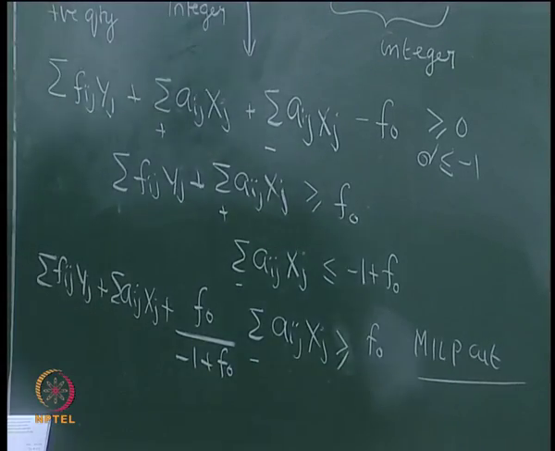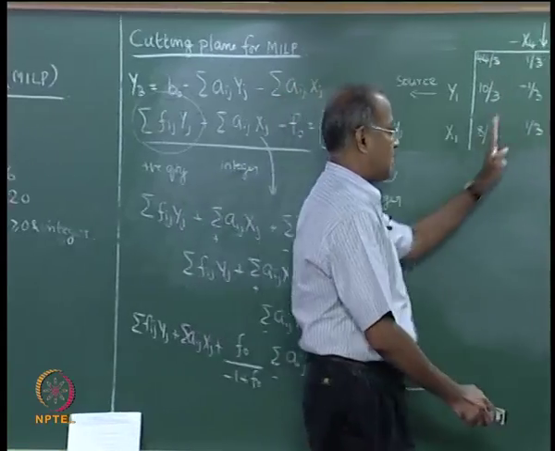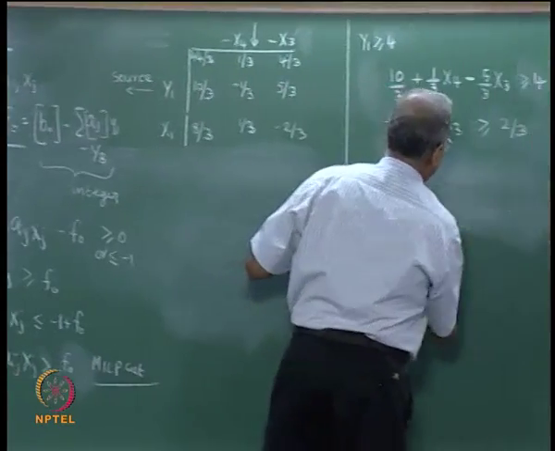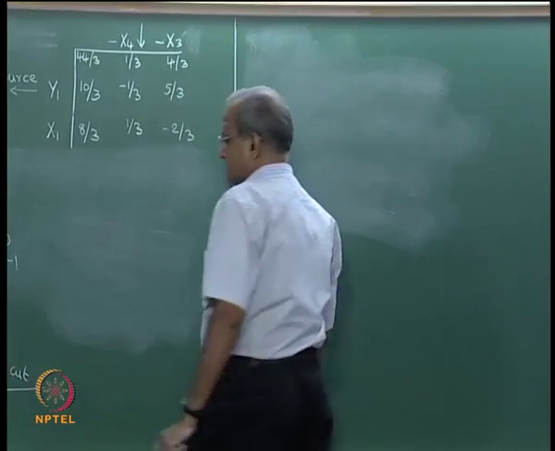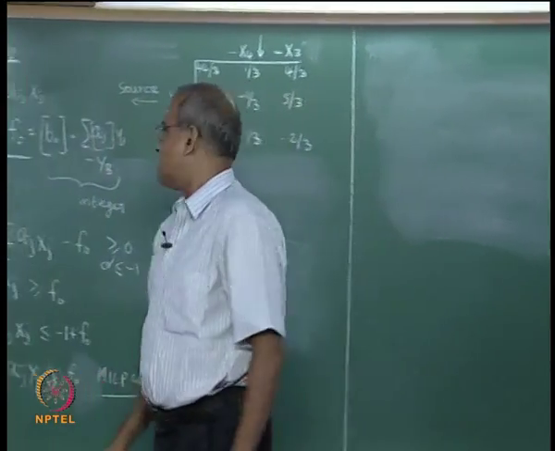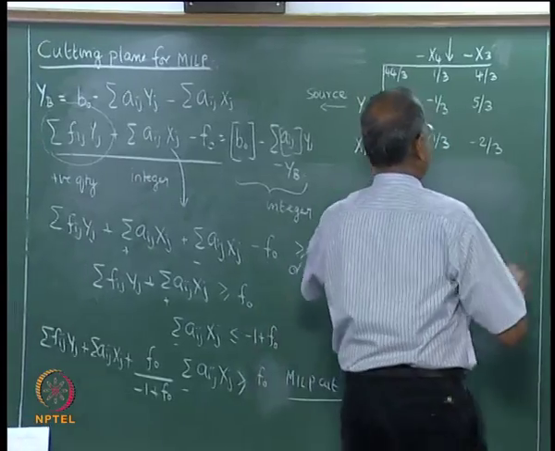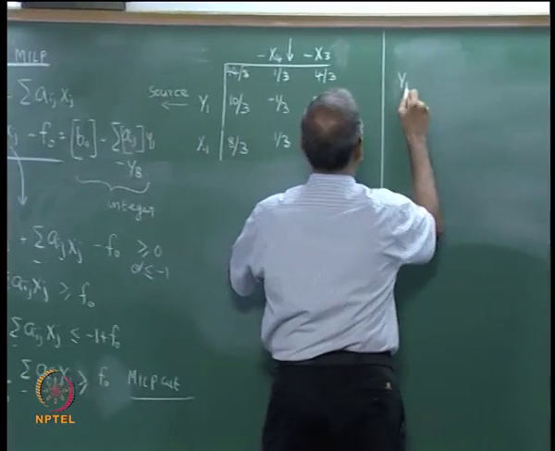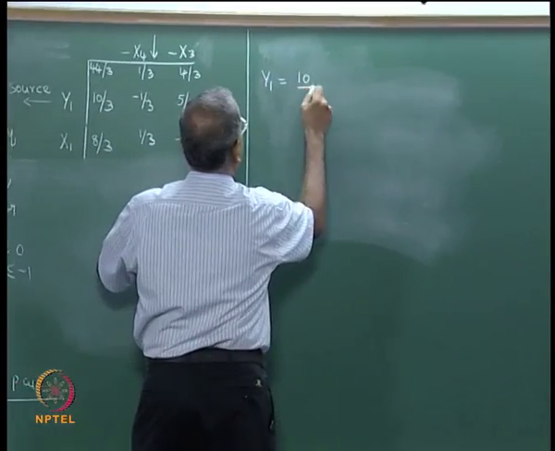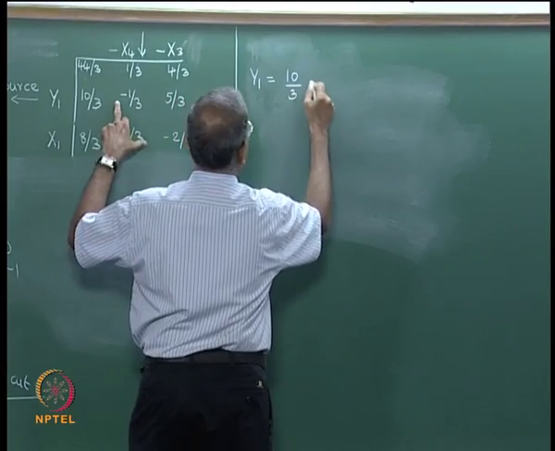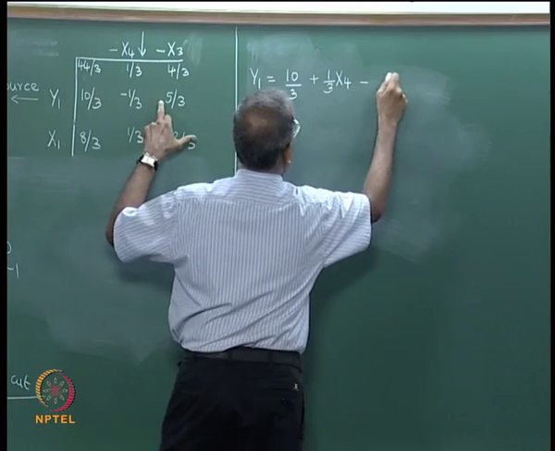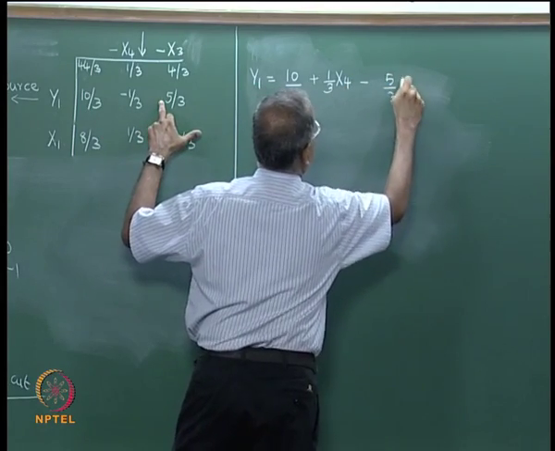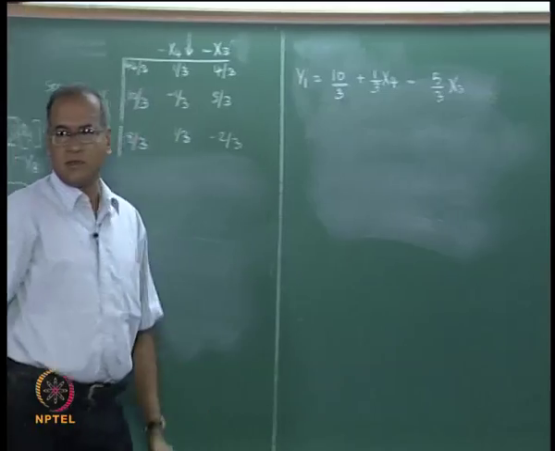So, now what we can do is we can apply this MILP cut onto this source row to see how we are doing. So, let us write the source row here as y1 equal to 10 by 3 plus 1 by 3 x4 minus 5 by 3 x3.